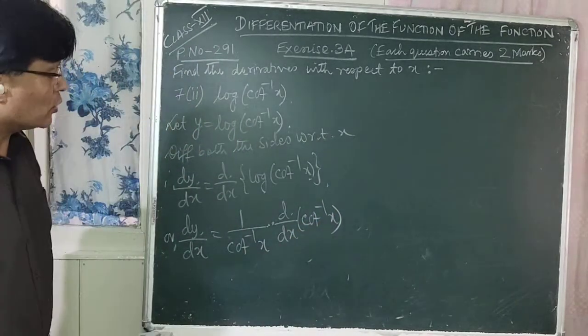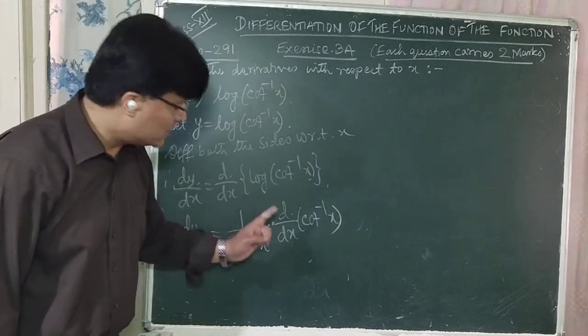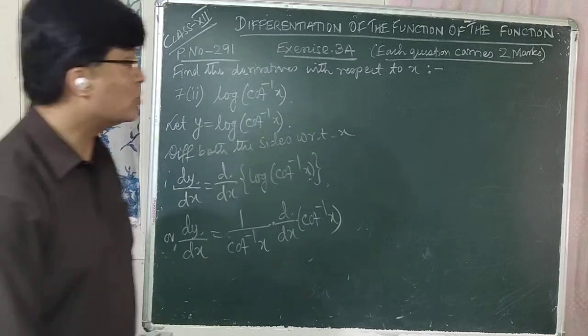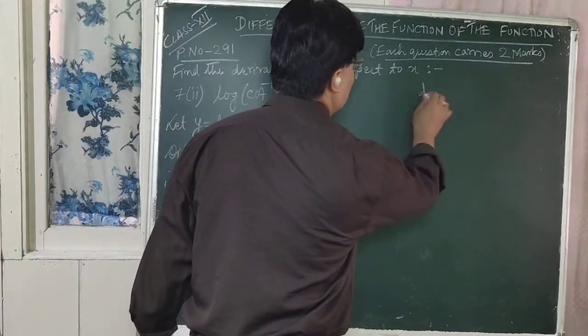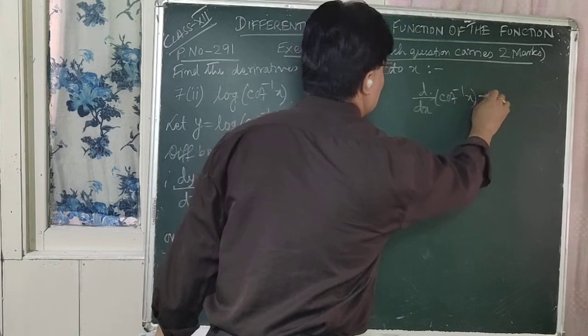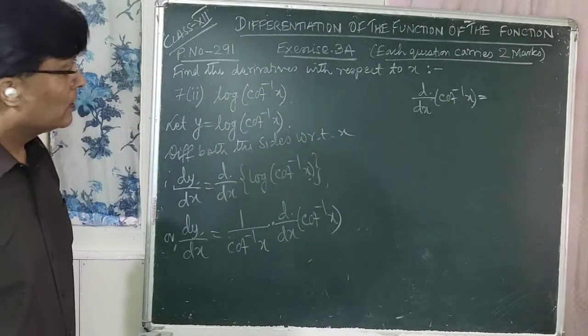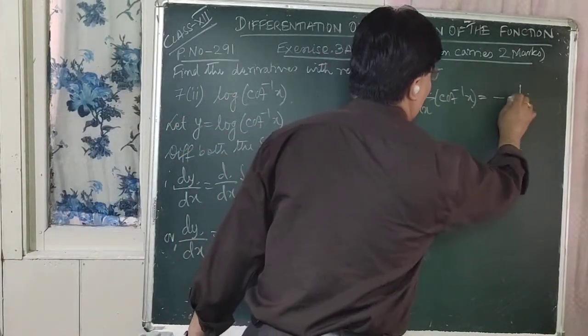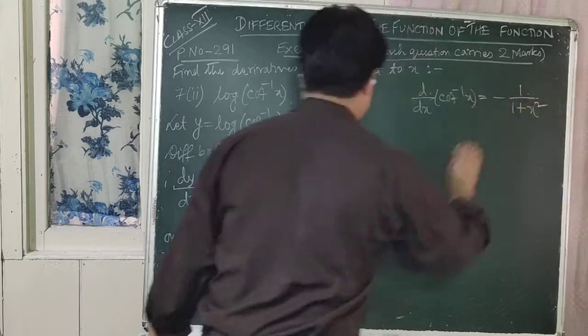In the last online class, we did the formula of d by dx of cot inverse x, isn't it? So you should know this formula. So d by dx of cot inverse x is equal to what? It starts from c, so minus 1 upon 1 plus x square.